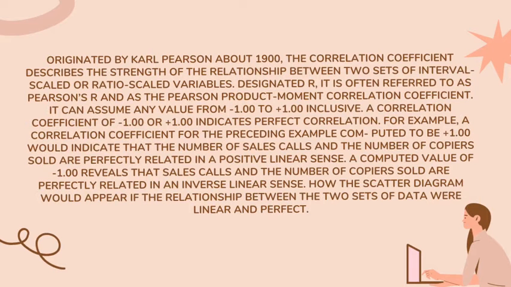Originated by Karl Pearson about 1900, the correlation coefficient describes the strength of the relationship between two sets of interval-scaled or ratio-scaled variables. Designated R, it is often referred to as Pearson's R and as the Pearson product-moment correlation coefficient.